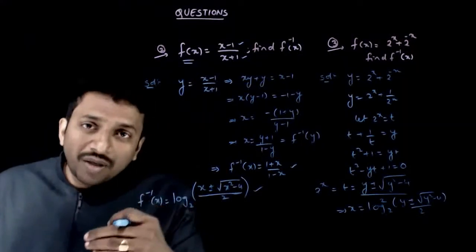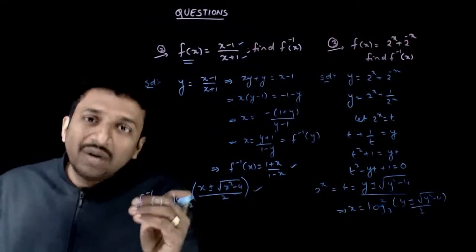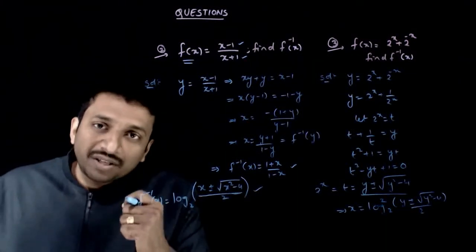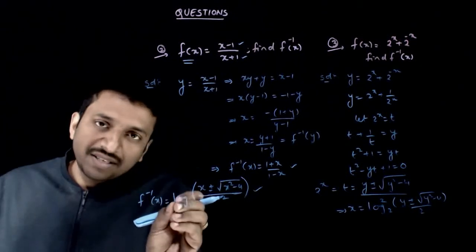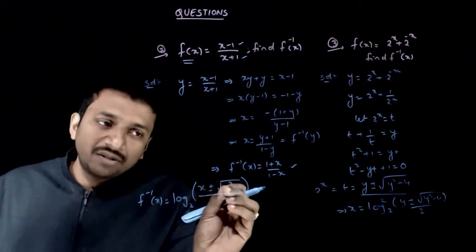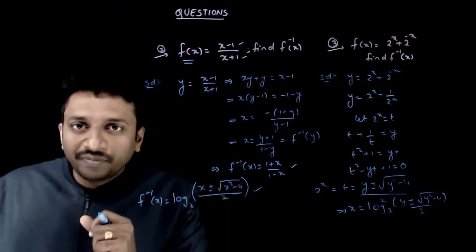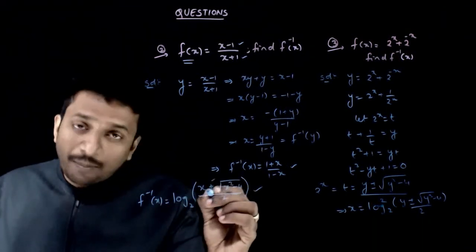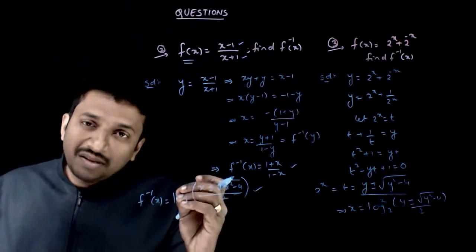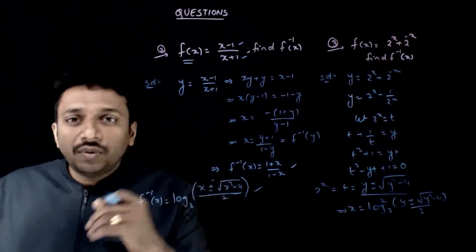Once you go to 12th class, you'll find that there are still more conditions for f inverse of x to be defined. Now the answer for f inverse of x is log to the base 2 of x plus or minus root of x square minus 4 by 2. And depending on the domain, you'll have to take either plus or minus. This is what we deal with in 12th class, not now.